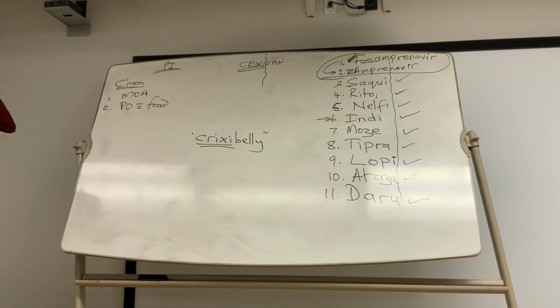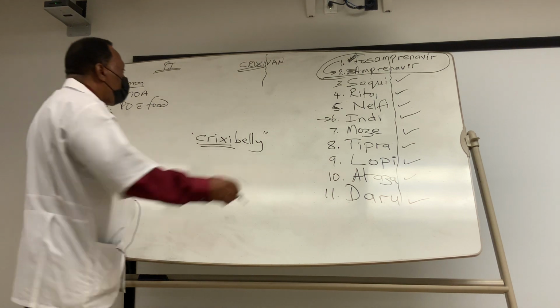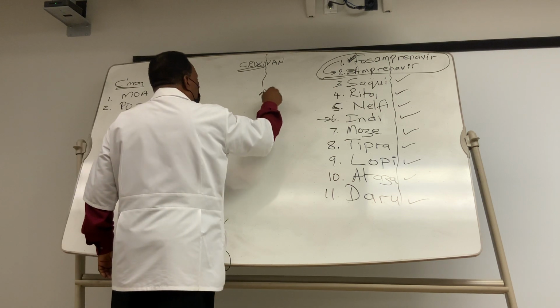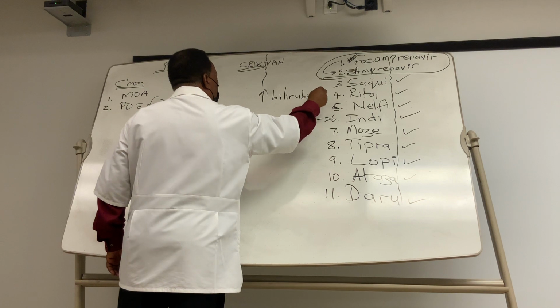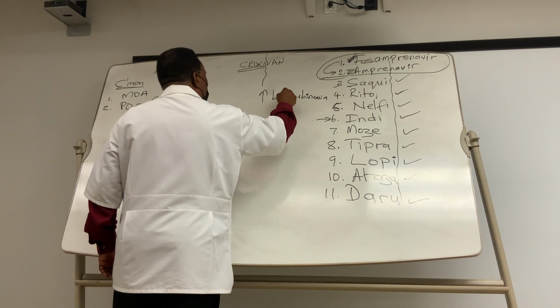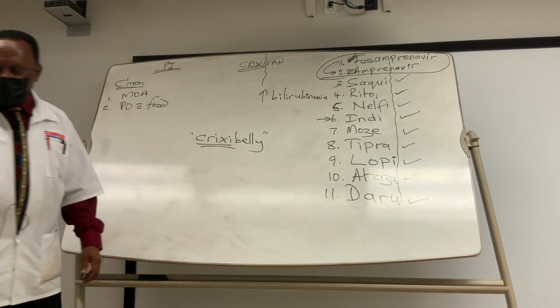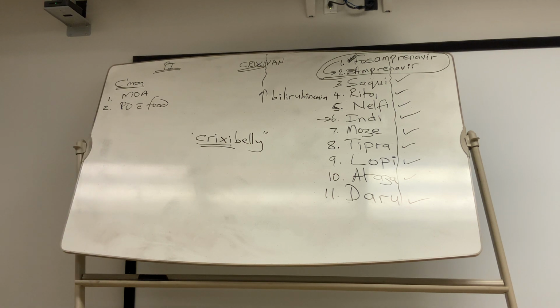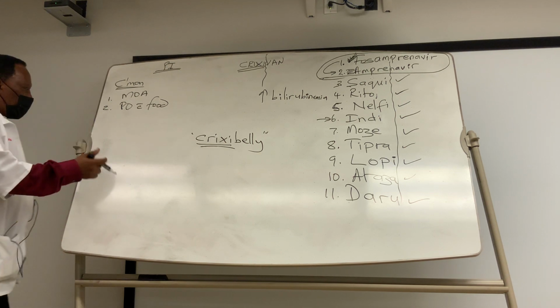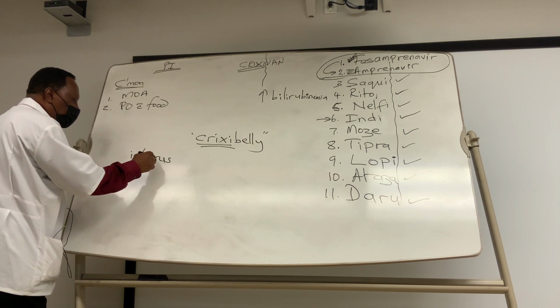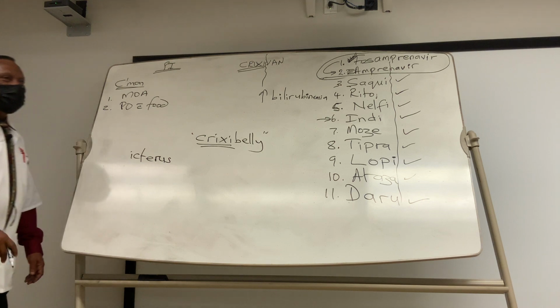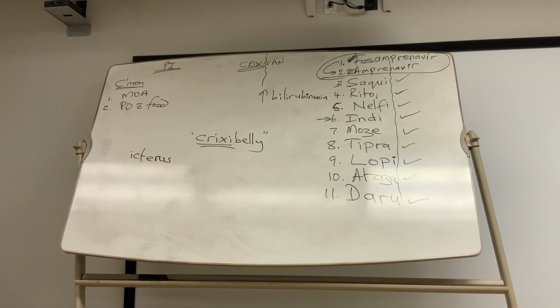And that drug also produced a lot of hyperbilirubinemia, which can lead to jaundice and icterus. So that's the beginning point of the yellowing of the eyes and the skin.